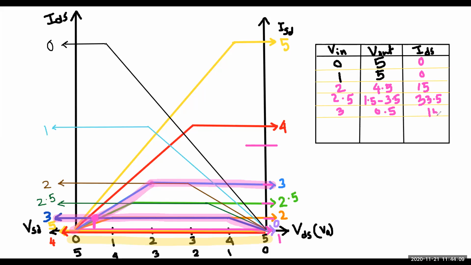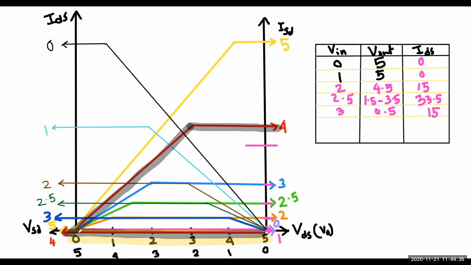Now for the last one. Last 2 actually. Now for 4, which one is the line? They intersect at 0.